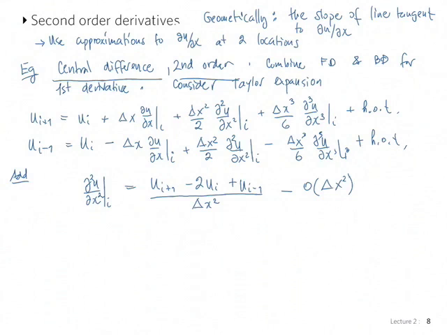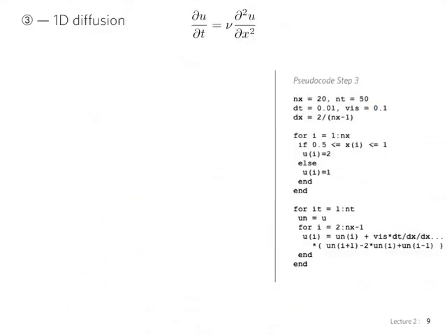Step 3 is going to be pure diffusion. Just pure 1D diffusion. So this is what's called the heat equation, of course, or pure diffusion, heat equation, or Fourier equation, and applied to the temperature, if U is equal to the temperature, this is the heat equation.